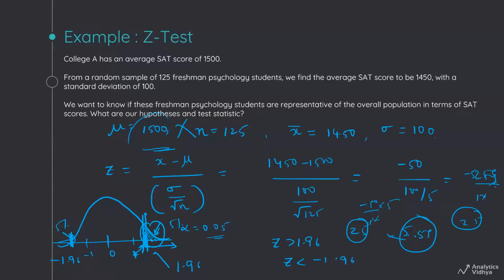So my 25 value is way above 1.96, which is at the extreme end. So my average value is not 1500. So what is my conclusion? I conclude that the average SAT score is not 1500, right? So this becomes a two-tailed test because we are looking at both the ends. Either the average score can be less than 1500 or greater than 1500, right?